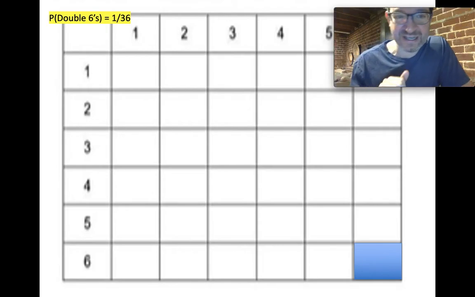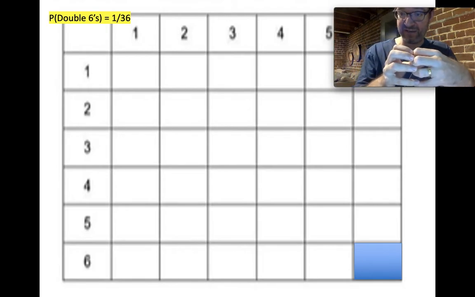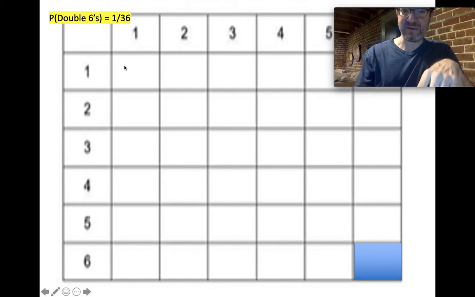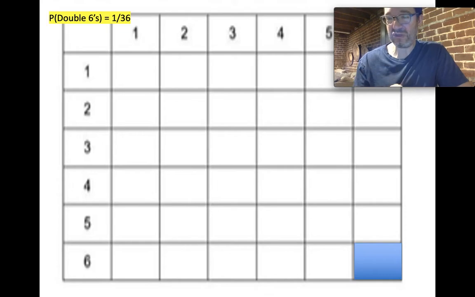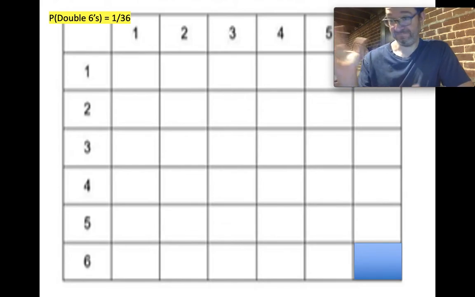But let's stick with dice for a second because you could have probability of compound events, two different events, or even more. What do you think the probability would be for rolling double sixes 2 times in a row? Pause and think.